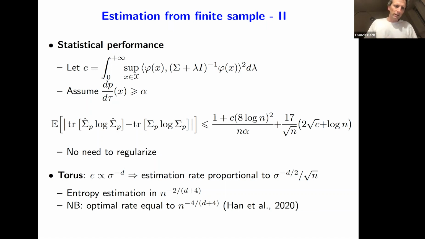But this happens also if you do a kernel density estimation. The bias part is sigma square, and the variance part is the one that explodes in 1/√n, but times an exploding constant in the bandwidth.